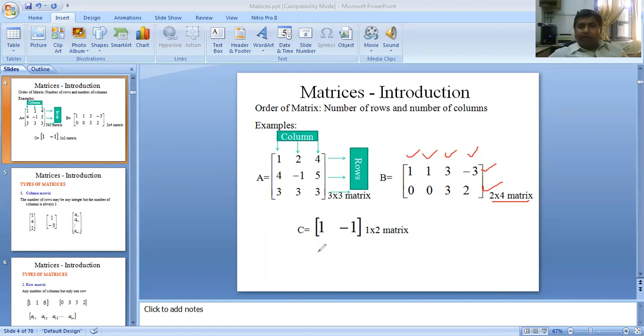Similarly, if we see matrix C, there is only 1 row and the number of columns is 2. So the order of matrix C is 1 by 2. So this is how we can understand the order of a matrix. Now we turn to the next topic, and it is types of matrices.